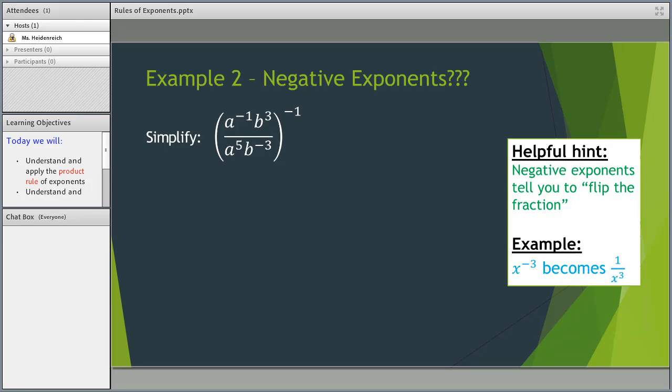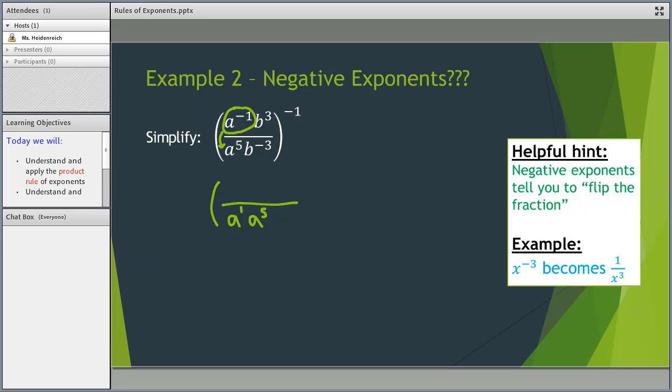So what this looks like in this kind of problem is if you have a fraction, then you can move anything with a negative exponent to the other side of the fraction. So for example, that a to the negative 1 needs to be moved to the denominator because it has a negative exponent. So in the denominator, I have an a to the 1, and I also have an a to the 5th, because the 5 was positive, so that a to the 5th stays where it is.